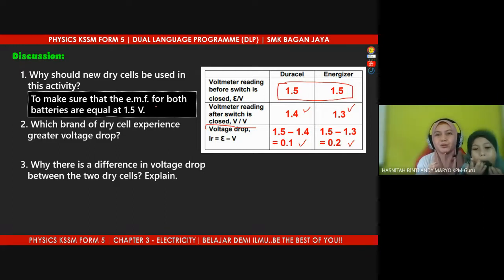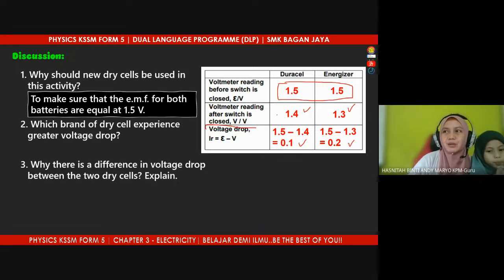Until the battery you use in a torchlight no longer lights up, then you have to throw the battery away and change to a new one, because its energy is finished, all given to the charge flowing through them, so they are drained of energy. That's why in this experiment, every time we change to a new brand, we must use a new battery.